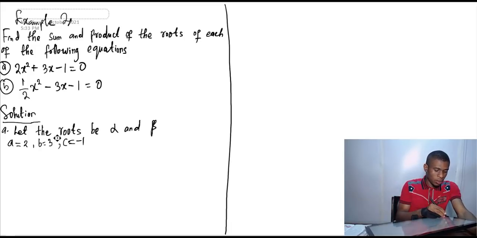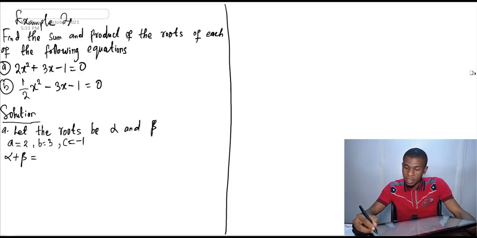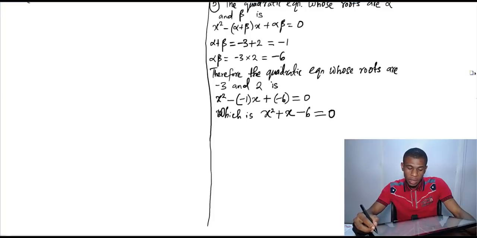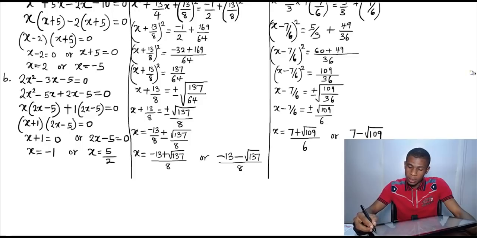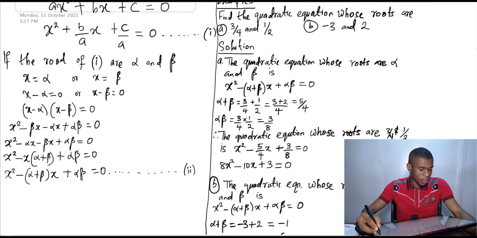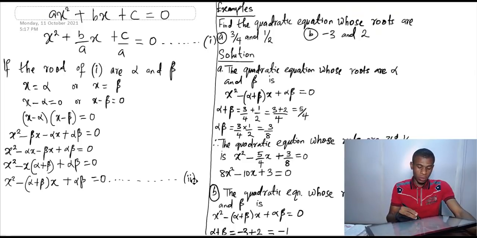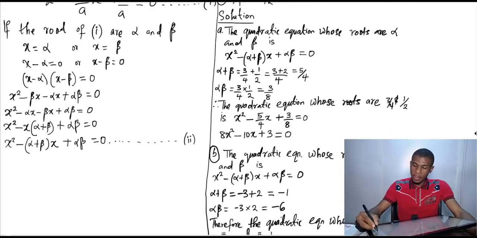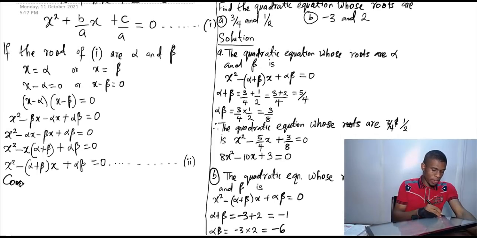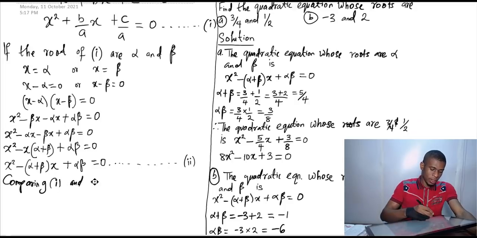What is the formula? Sum of roots, alpha plus beta. You still remember? If you compare equation 1 and equation 2, comparing I and II, you will have the coefficient here is still 1.